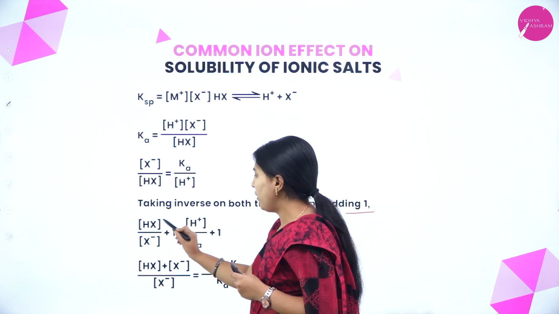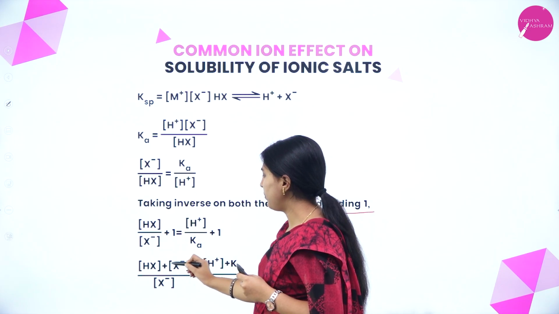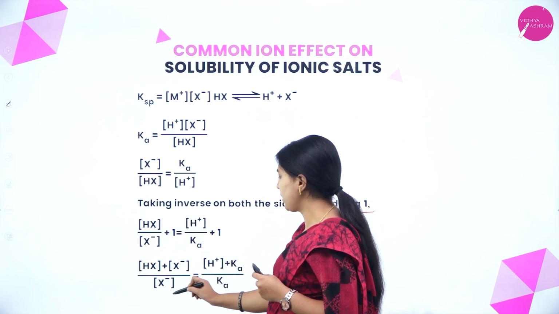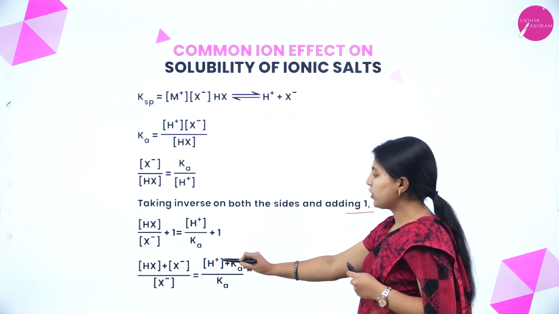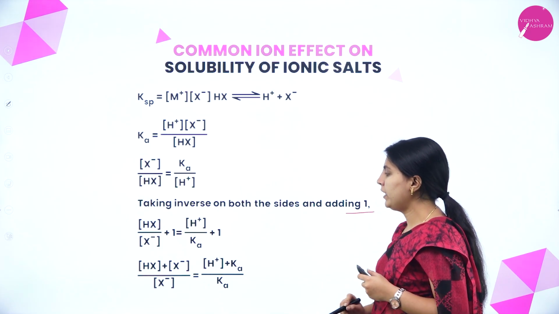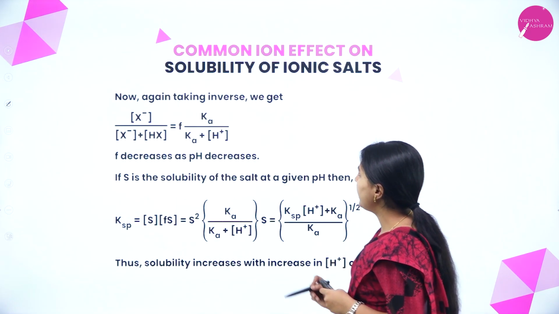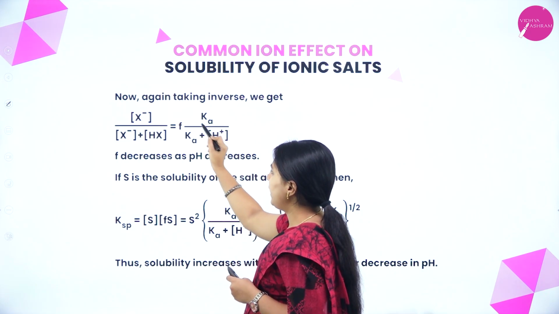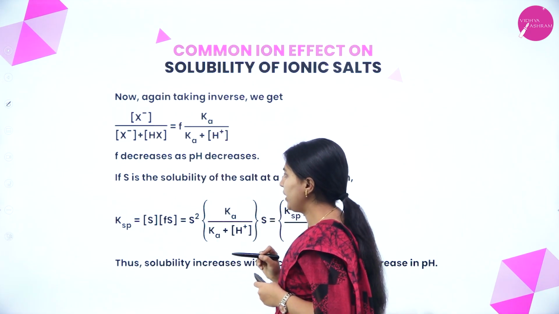Okay, and you have to cross multiply, HX plus X minus by X minus equals the concentration of H plus plus Ka by Ka. Now again taking the inverse, we will get F. F decreases as pH decreases.